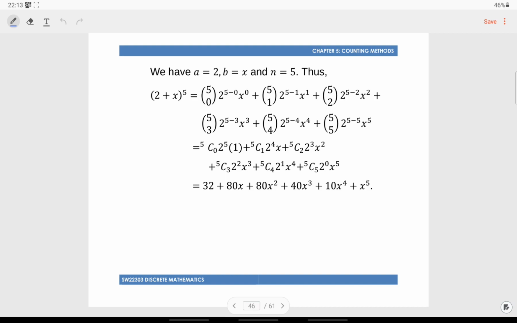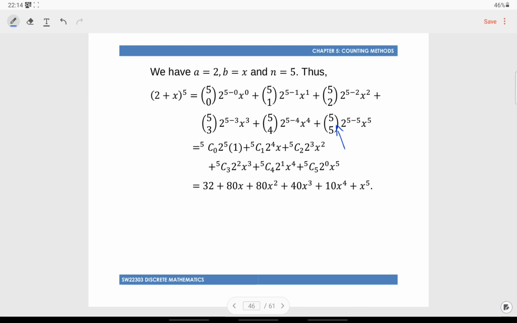So we have first 5 choose 0 times 2 to the power of 5 minus 0 times x to the power of 0, followed by 5 choose 1 multiplied by 2 to the power of 5 minus 1 times x to the power of 1, all the way up to 5 choose 5 multiplied by 2 to the power of 5 minus 5 times x to the power of 5.